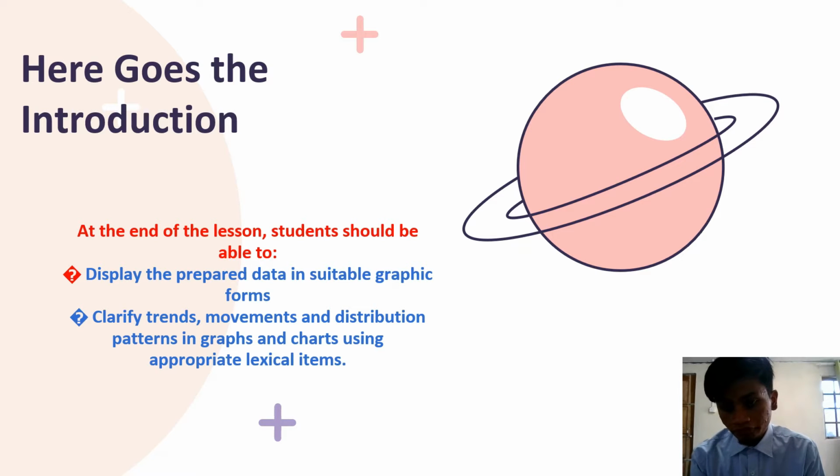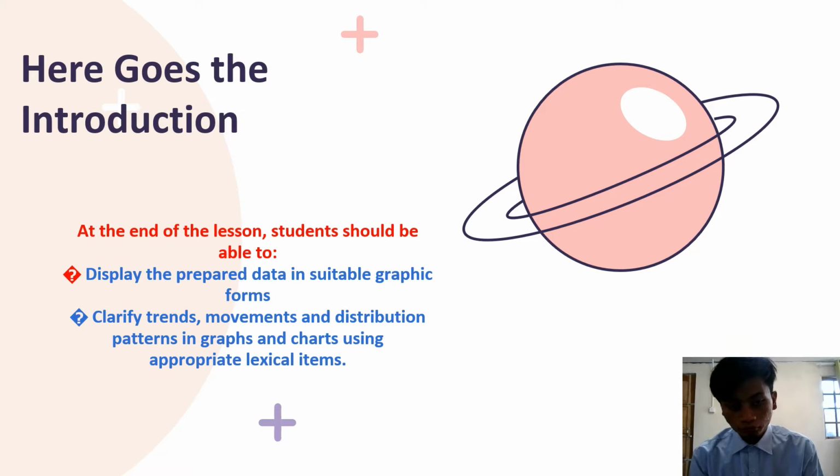Okay, before we start, we should know the lesson target. Based on the slide, at the end of the lesson, students should be able to first display the prepared data in suitable graphic form. Second, clarify the trend, movement and distribution pattern in graph and chart using appropriate lexical item.